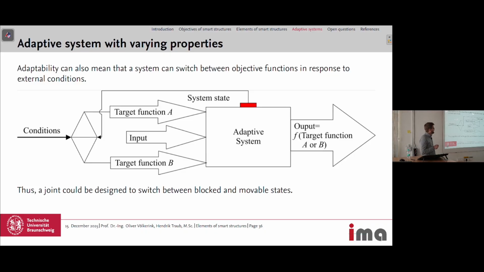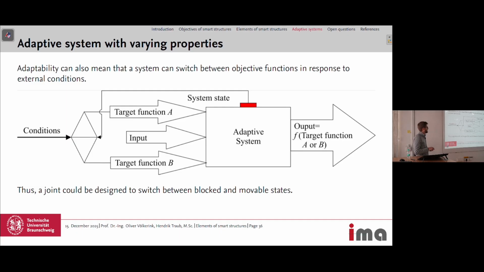Okay, one idea could be the droop nose we saw, or more traditional high lift devices, because then you can switch the aircraft state from cruise flight, where you want to reduce drag and do not need so much lift, to the start and landing phase, where you need high lift coefficients and the drag is maybe not so important because you are not flying that fast.